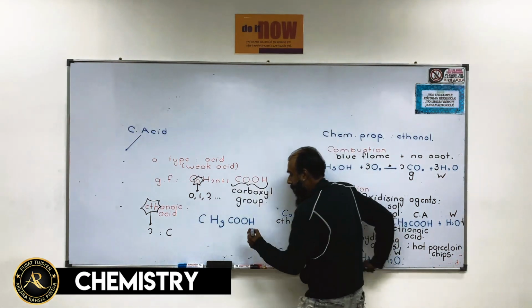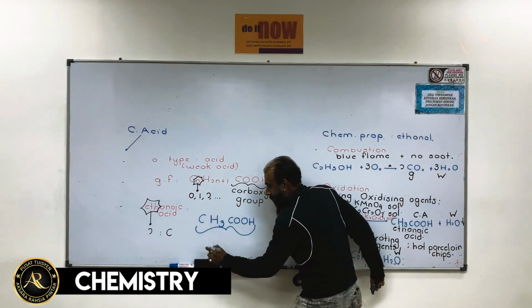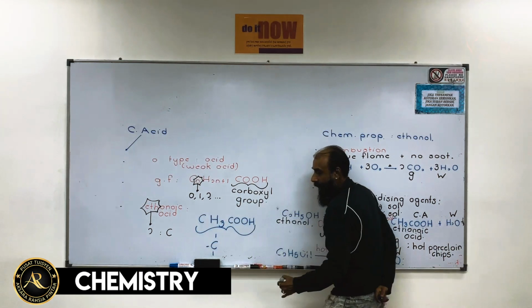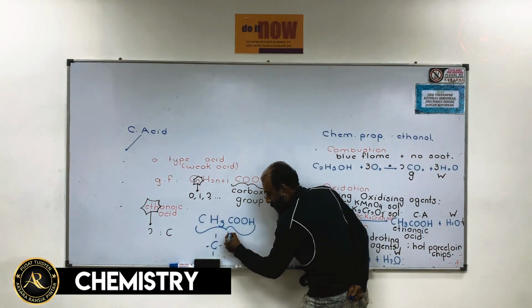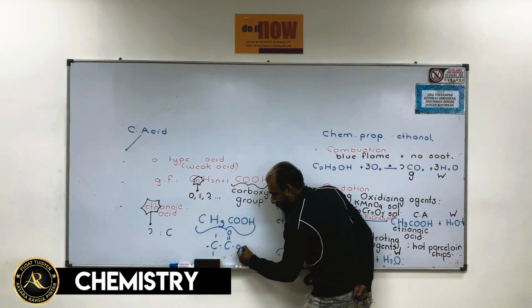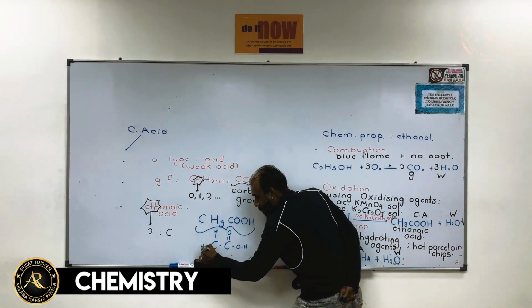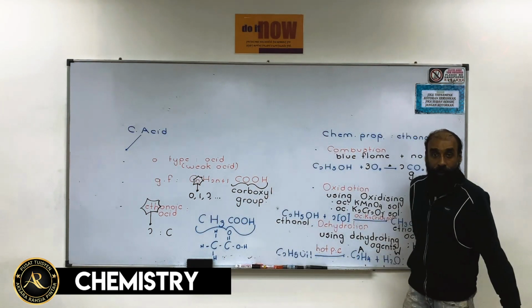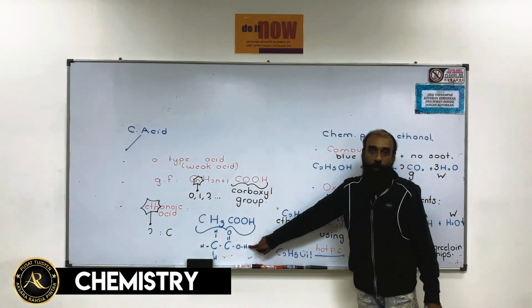What about the structural formula? 1 carbon with 3 hydrogen atoms, bonded with another carbon, with oxygen and an OH. Can you see, my dear students? When your molecular formula is correct, your structural formula will definitely be accurate.